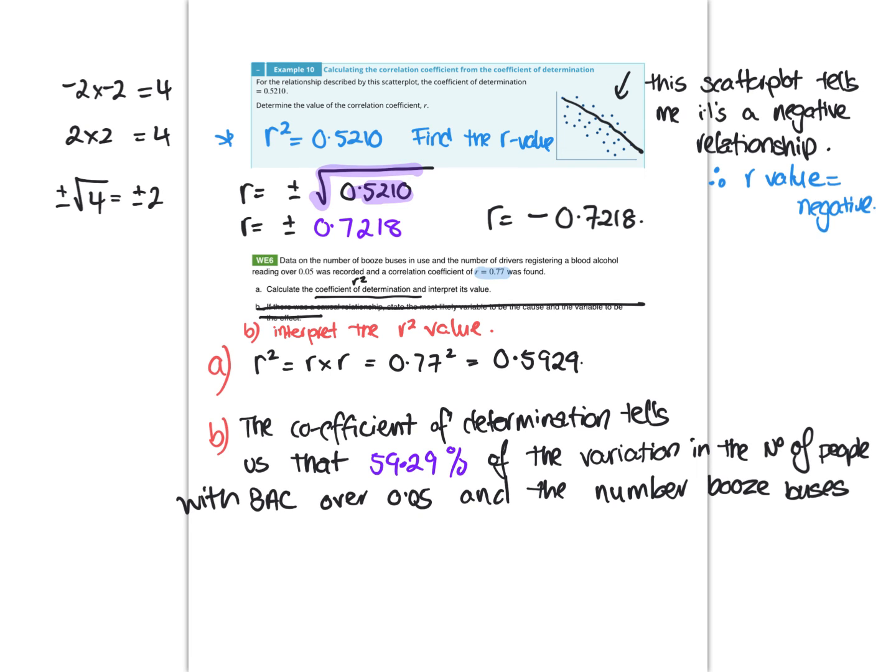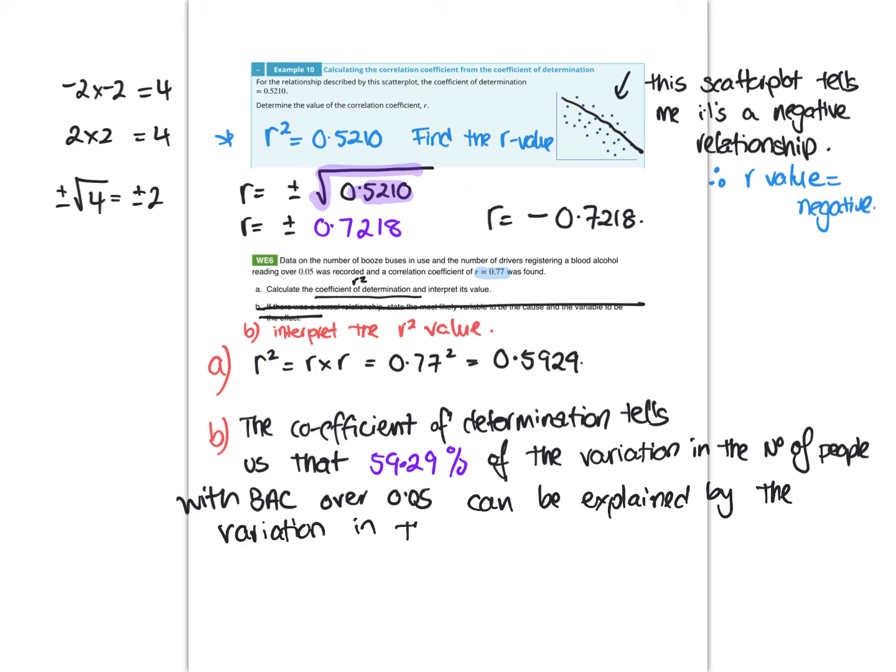Oh sorry, I've gone off track. So it tells us that the variation in the number of people over 0.05 can be explained by the variation in the number of booze buses.